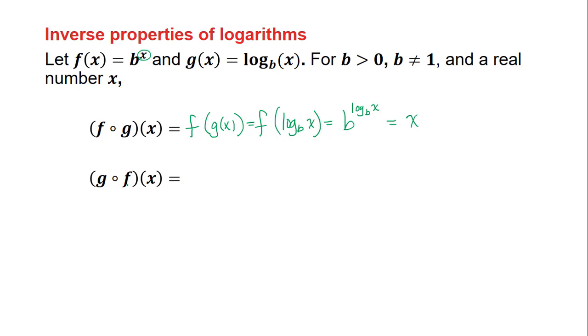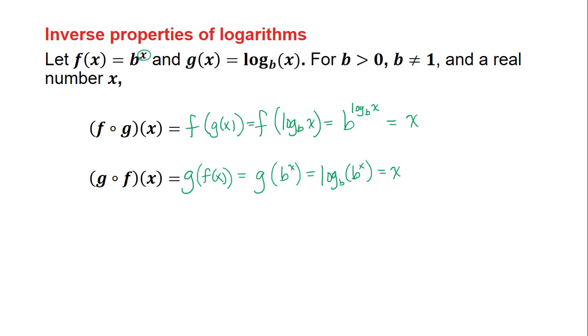Likewise, g composed with f of x is equal to g of f of x, which is equal to g of b to the x. Now we input the function f into the function g in place of x, so that gives us log to the base b of b to the x, and that is x.